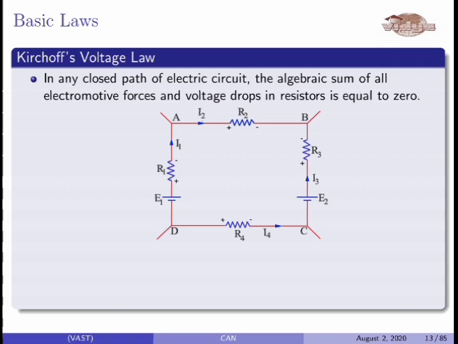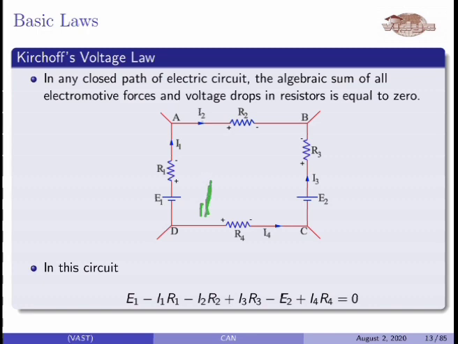So after marking the polarity, you have to apply Kirchhoff's voltage law, which you can write as follows. For writing this equation I started from the point D. Starting from D, first I found the voltage is rising.